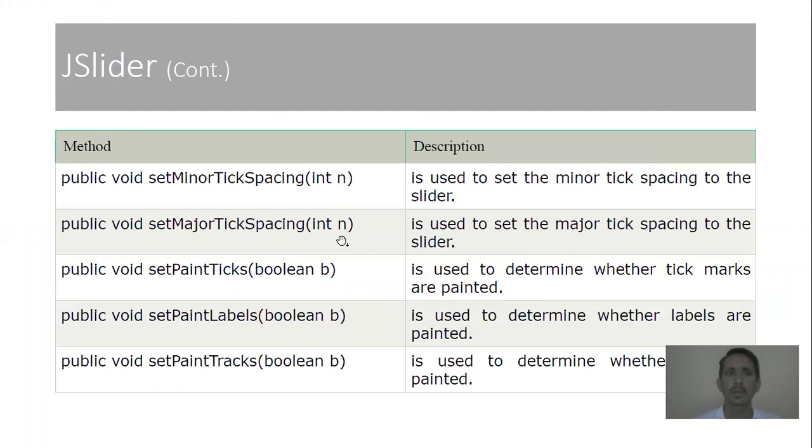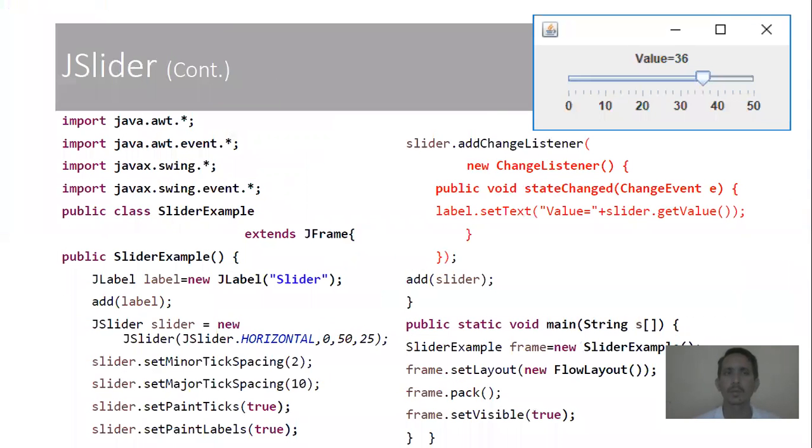Slider is a similar kind of thing to the scroll bar. Similar structure: create the object of the slider, horizontal or vertical slider, minimum value, maximum value, and initial value. Set the minor tick spacing.